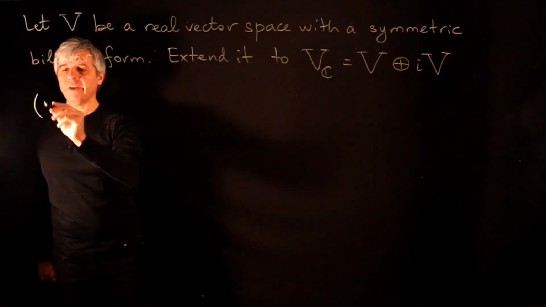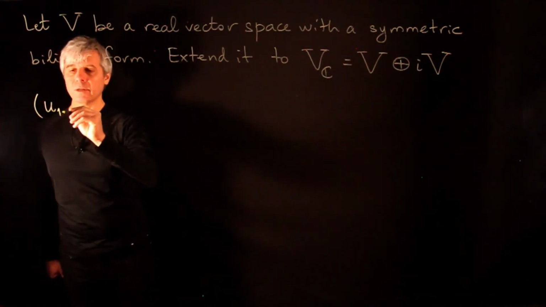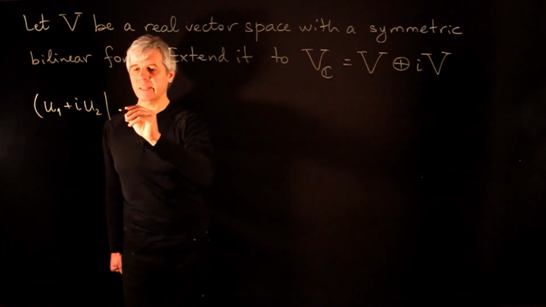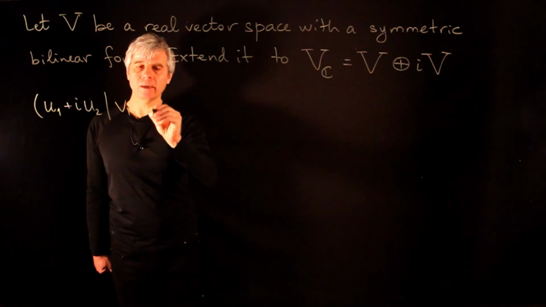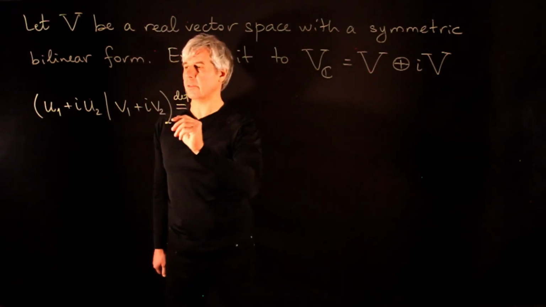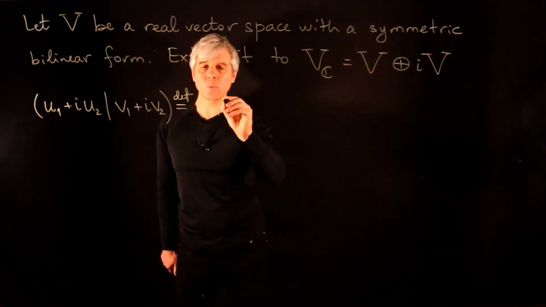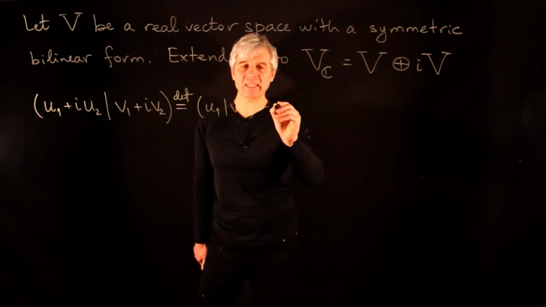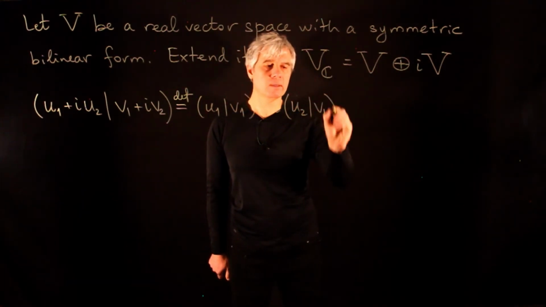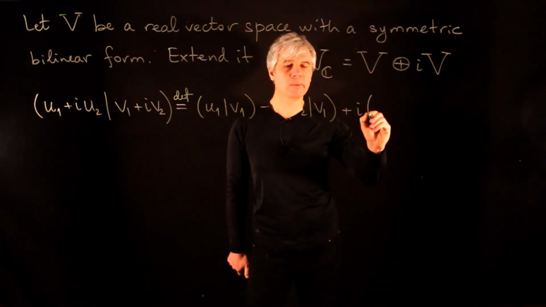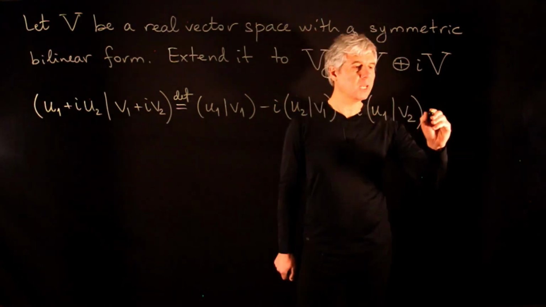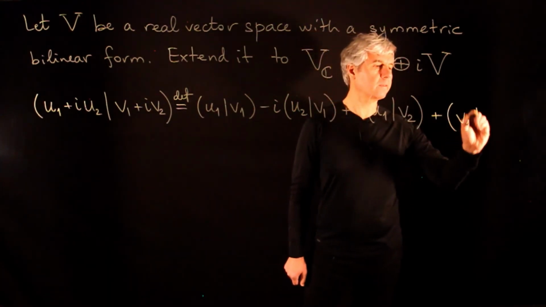If we take a vector in VC with the real part U1 and the imaginary part U2, and take another vector with real part V1 and imaginary part V2, then we define the value on this pair as U1 V1 minus i times U2 V1 plus i times U1 V2 plus V1 V2.